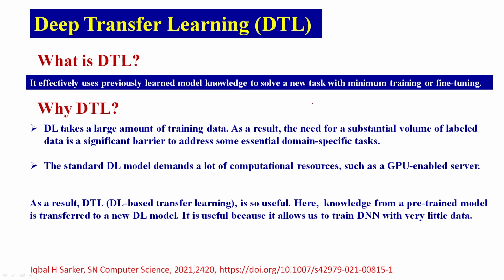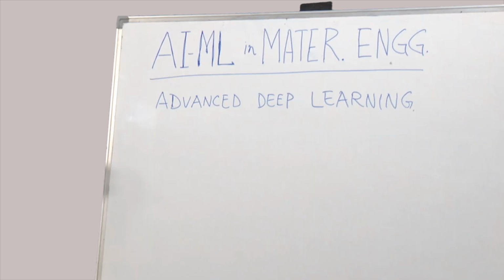Previous learning model means I want to discover a new material, or I want to design a new material with some target set of properties. But whatever I do, I need data, right. Data are the most important thing in machine learning or deep learning. If you do not have a large amount of data, you cannot build a good deep learning model. This is the biggest challenge in deep learning. So, what do you do there?